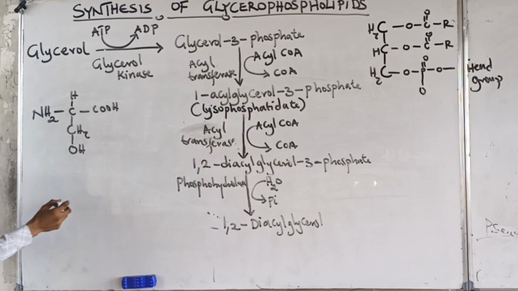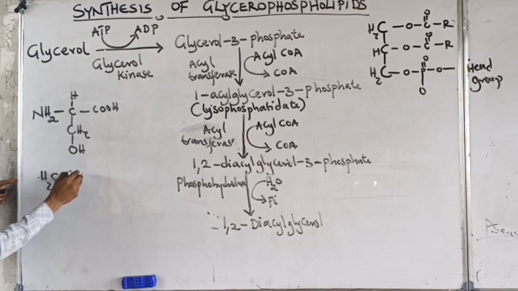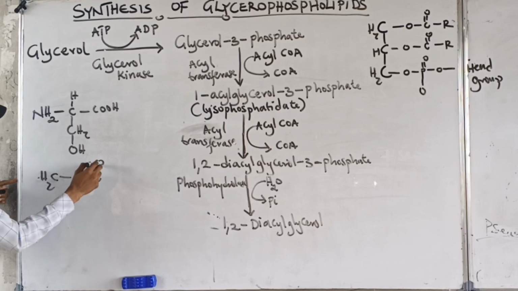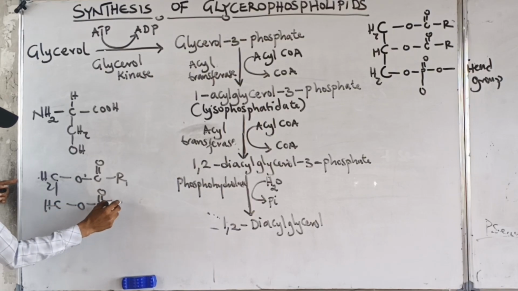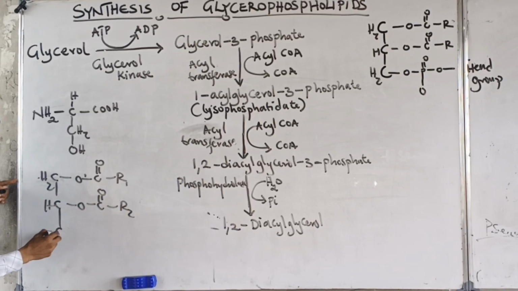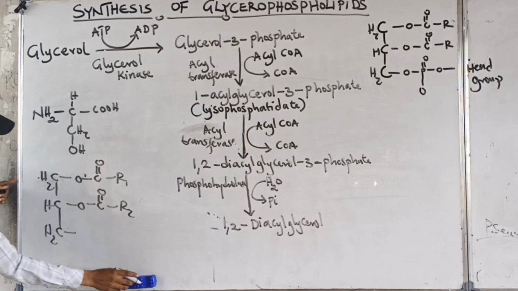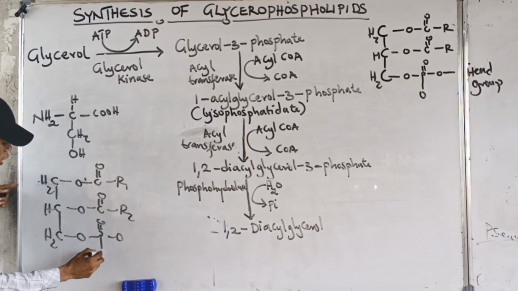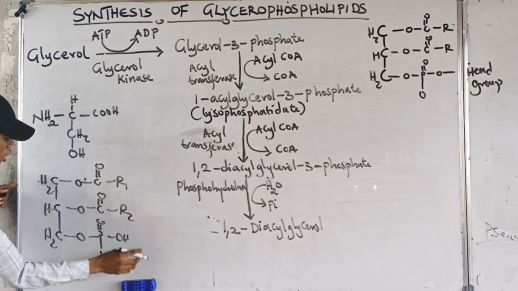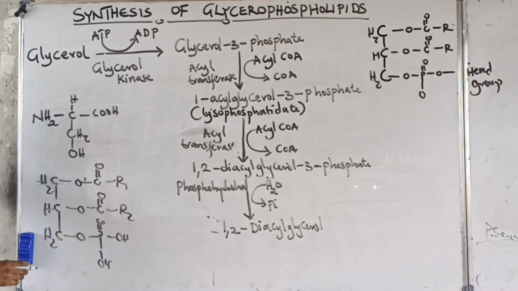Now, if I want to attach serine, and I already have my diacylglycerol, okay, let me use this phosphatidate.